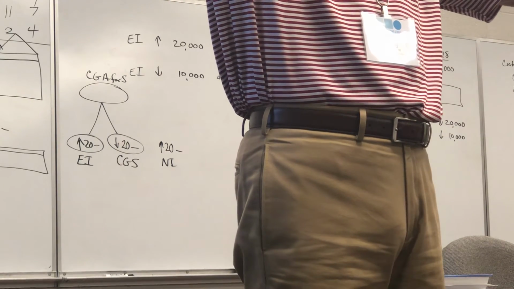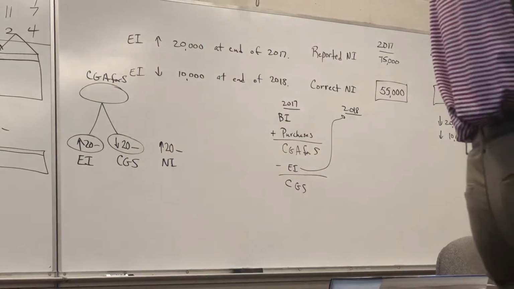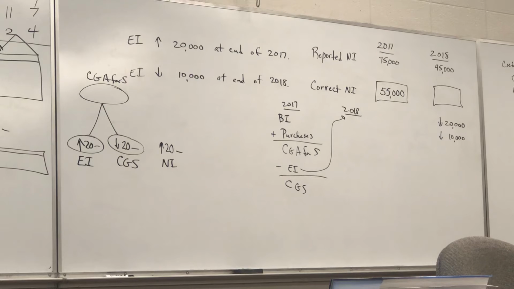That's number one. Number two, beginning inventory and net income move in opposite directions.